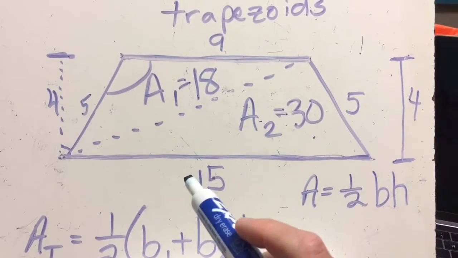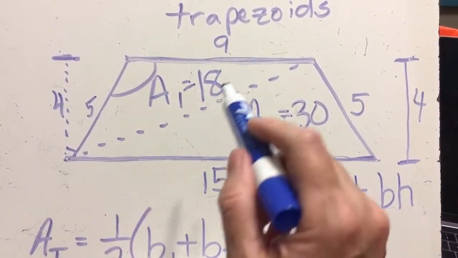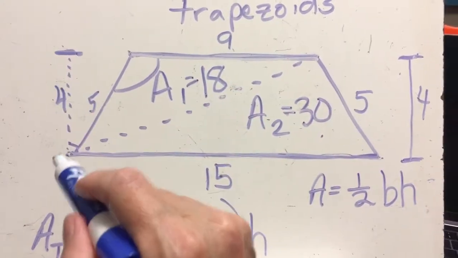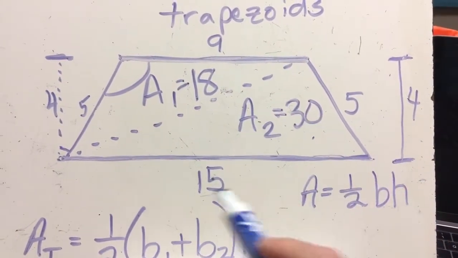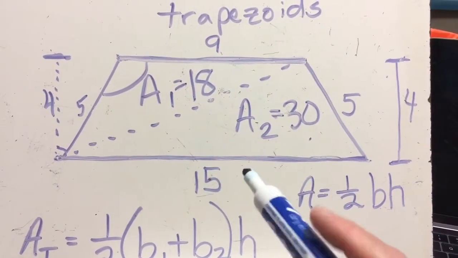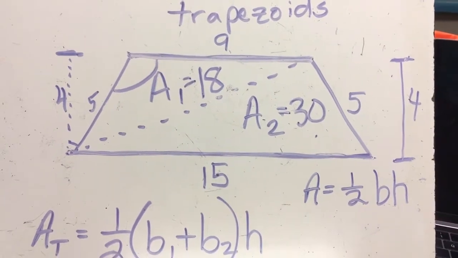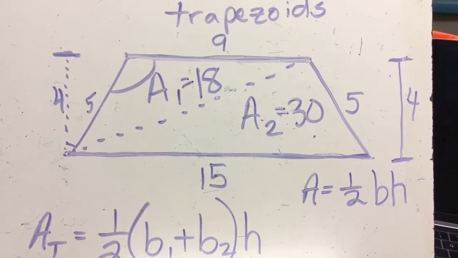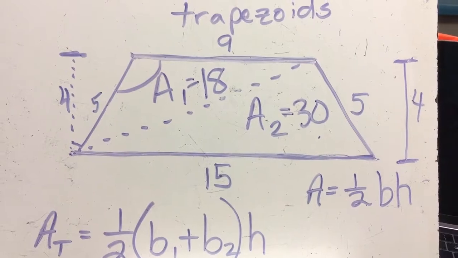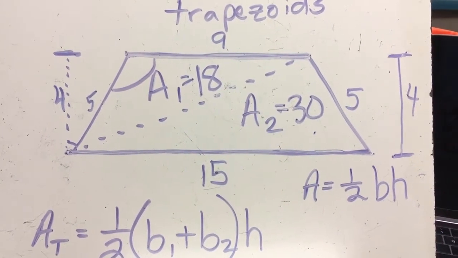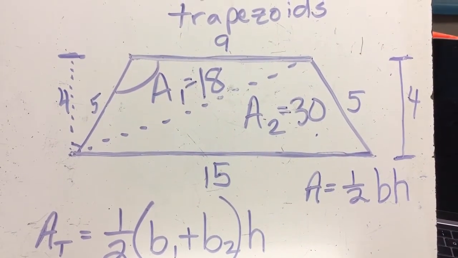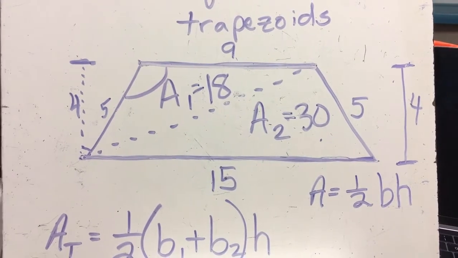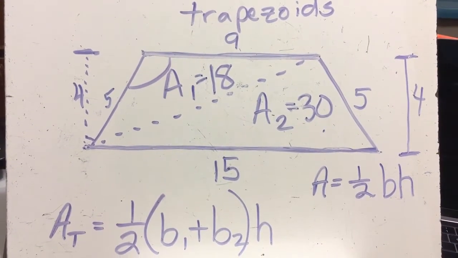So if I were going to look at this triangle, it was 1/2 9 times 4. And then I looked at this triangle, and it was 1/2 15 times 4. Now, if I took those and added them together, couldn't I factor out the 1/2 and the 4? And I'm going to get the same answer here when I use this formula.